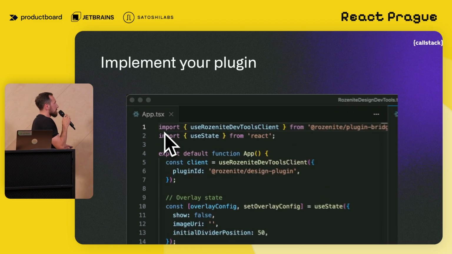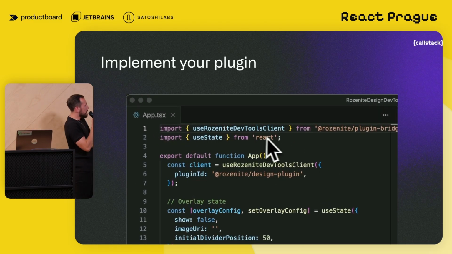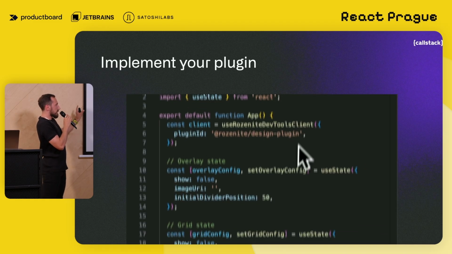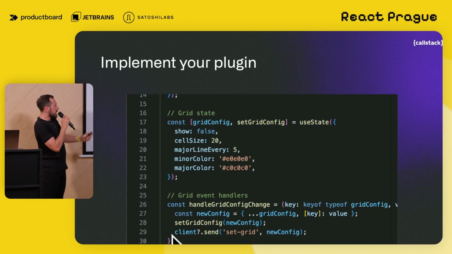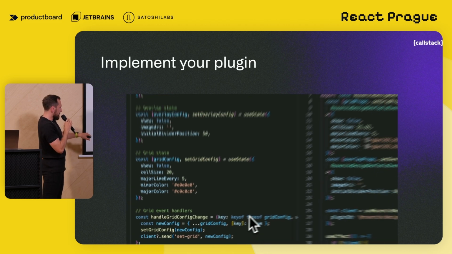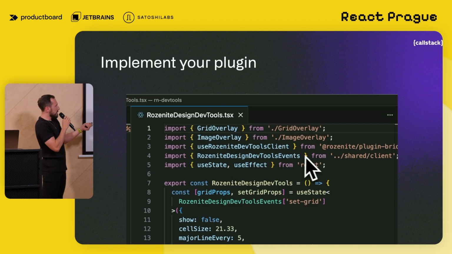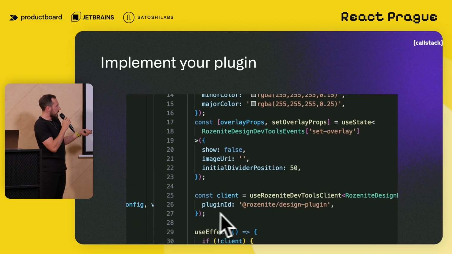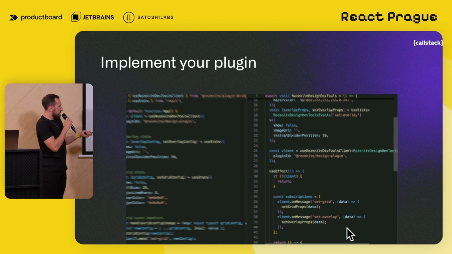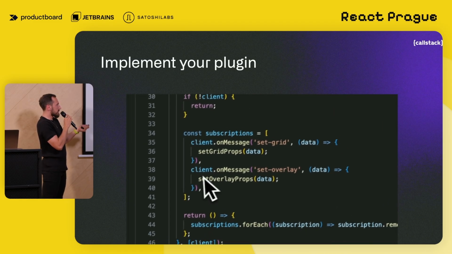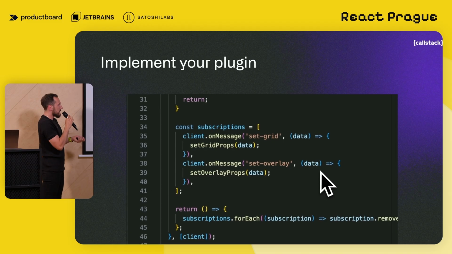So, the next thing we need to know is that you have a hook, useRozeniteDevToolsClient, which you can use to communicate between the UI and React Native. And again, in a super short way of describing it, you see that I sent some kind of set grid message, and on the other side, in React Native, I listen for the same set grid message, which is then translated into some local state changes.